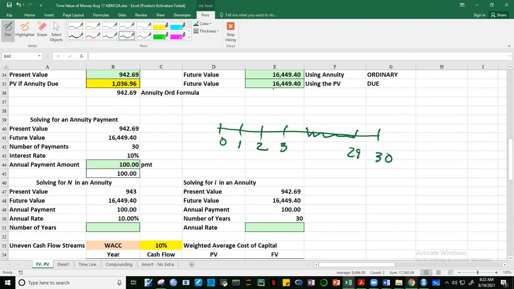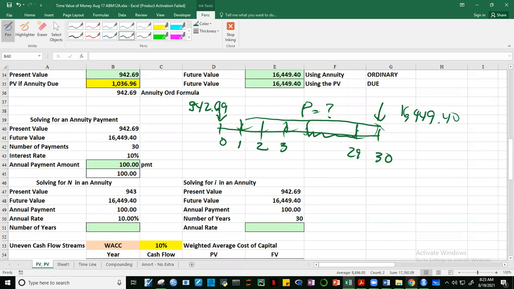Yung problem natin, ang gusto natin malaman, kung magkano yung 942.69 ngayon in terms of annuity payments. Alam natin na 100 yan. Or, if we have 16,449.40 after 30 years, magkano equivalent na annuity nun?